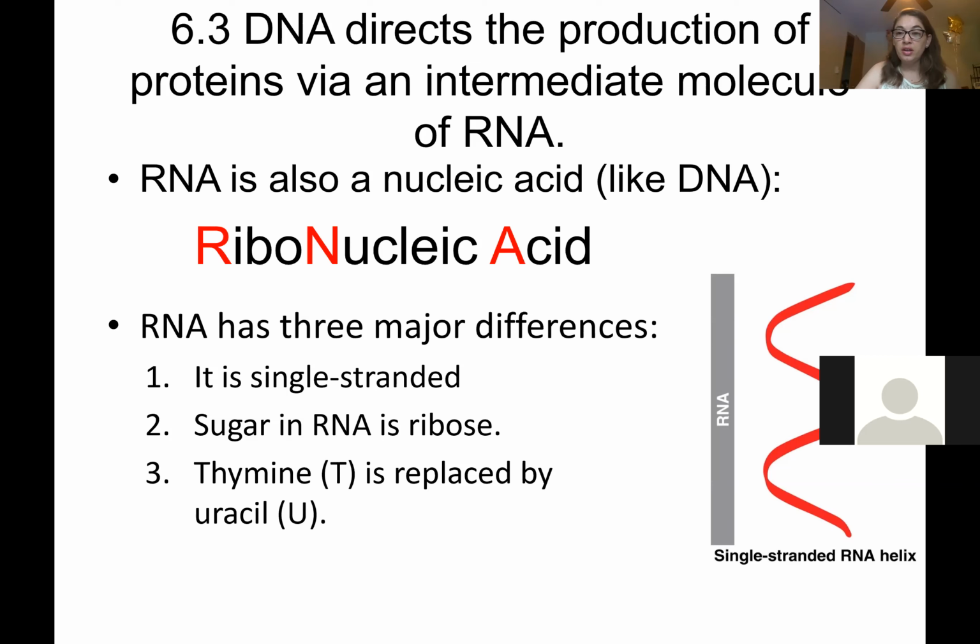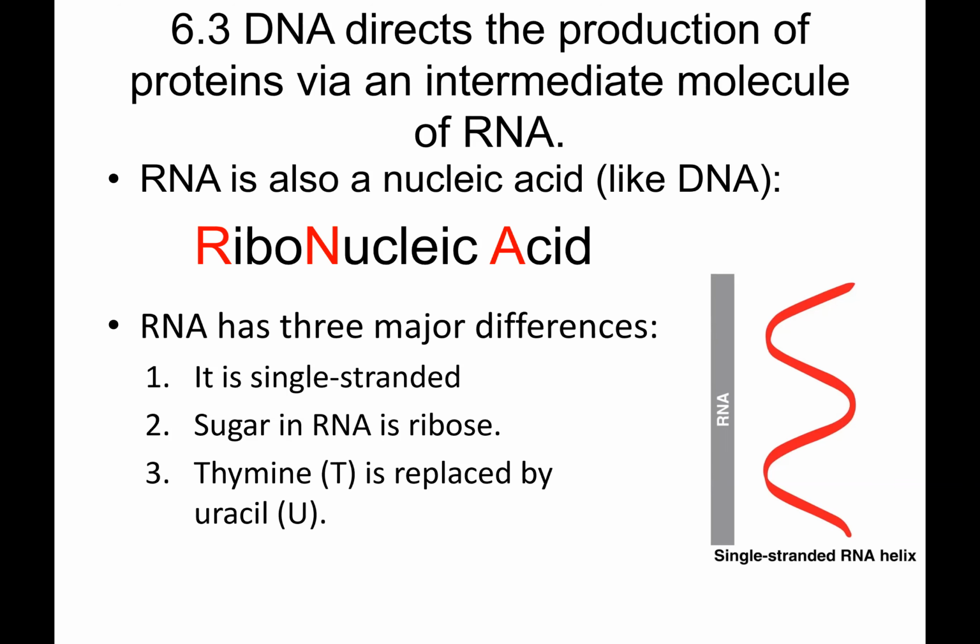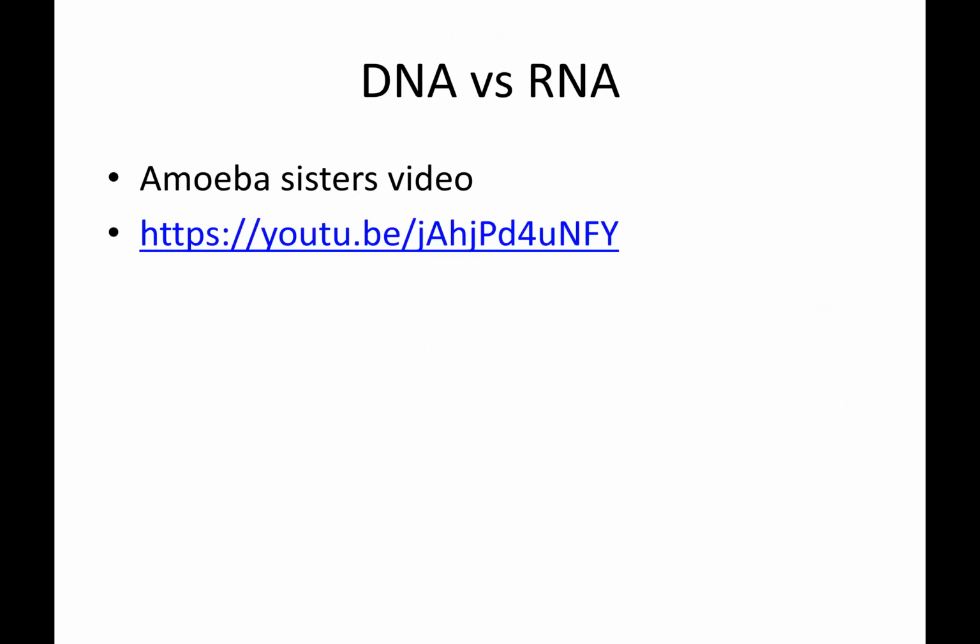And in addition, thymine is not used in RNA. Uracil replaces thymine. So RNA is single-stranded, it's ribose sugar, and you use uracil instead of thymine. So there is a substitution that has to occur.